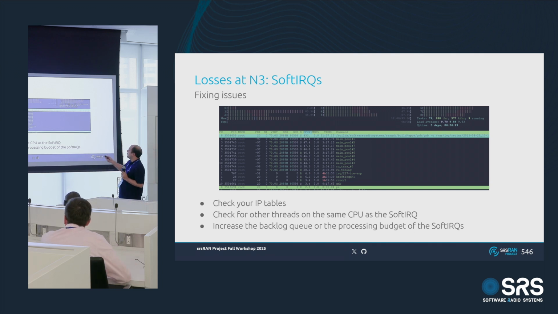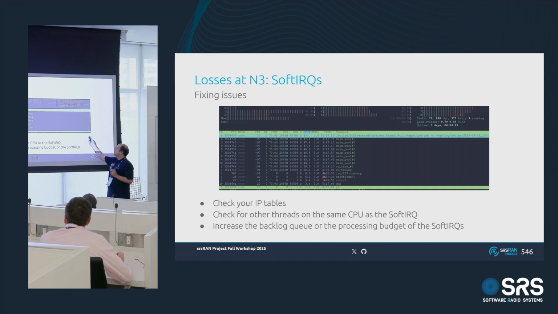Another thing that you can check is, are there other threads running on the same CPU as the soft IRQ? Is the core under stress because of other things running there?